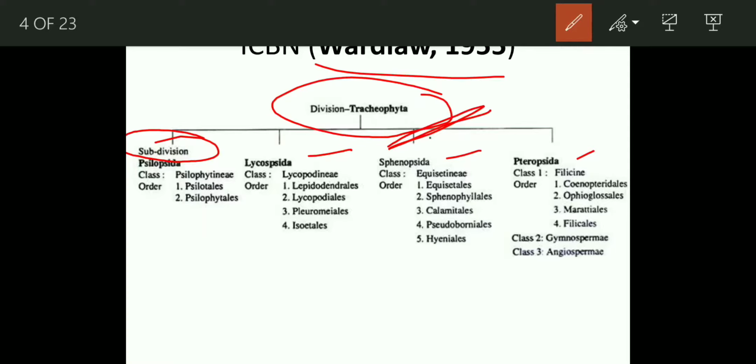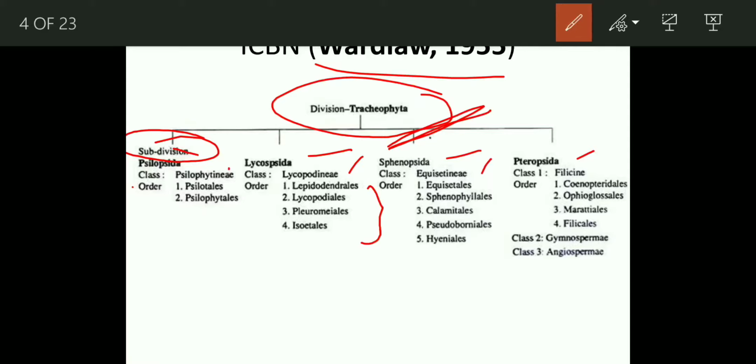He classified Psilopsida into one class only, Psilophytinae, with two orders inside it, Psilotales and Psilophytales. The second subdivision was Lycopsida, with class Lycopodinae, which included four orders. Sphenopsida had only one class, and that class had five orders.